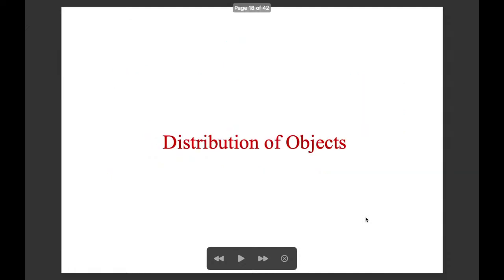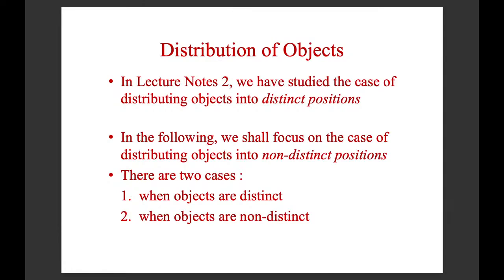Okay, so next, we are going to talk about some related topic. This time we are going to distribute objects into positions, but we are starting something new. The boxes, the cells, or the bins that we're looking at now will be more complicated. They will now be non-distinct.